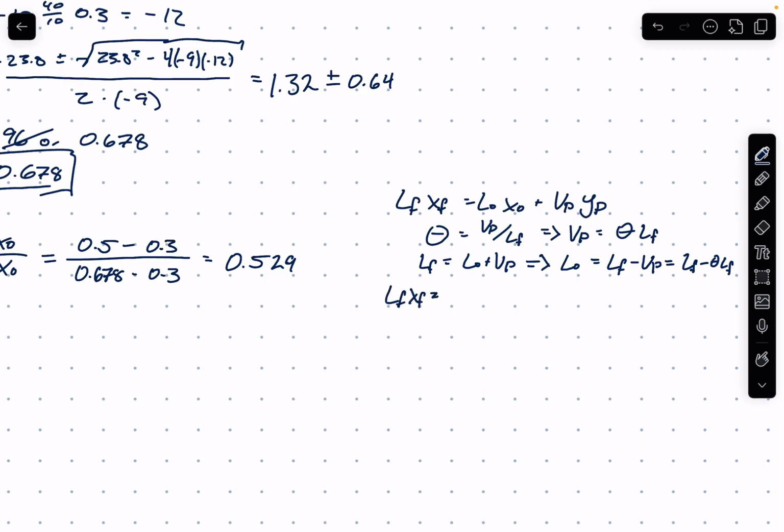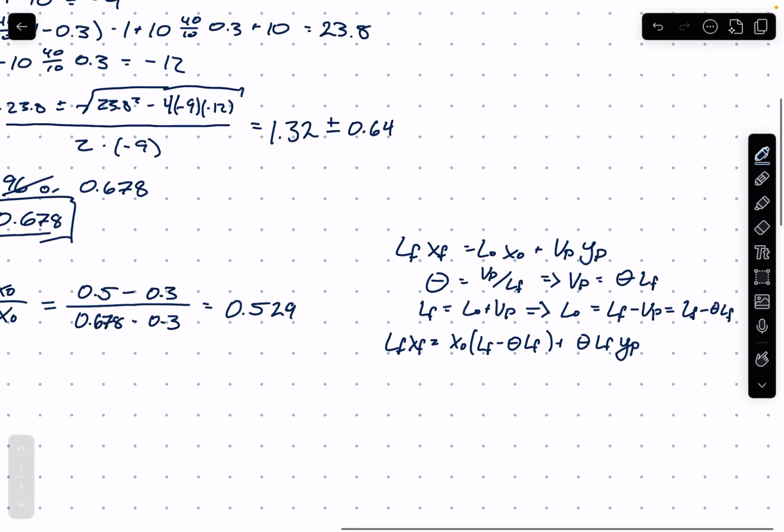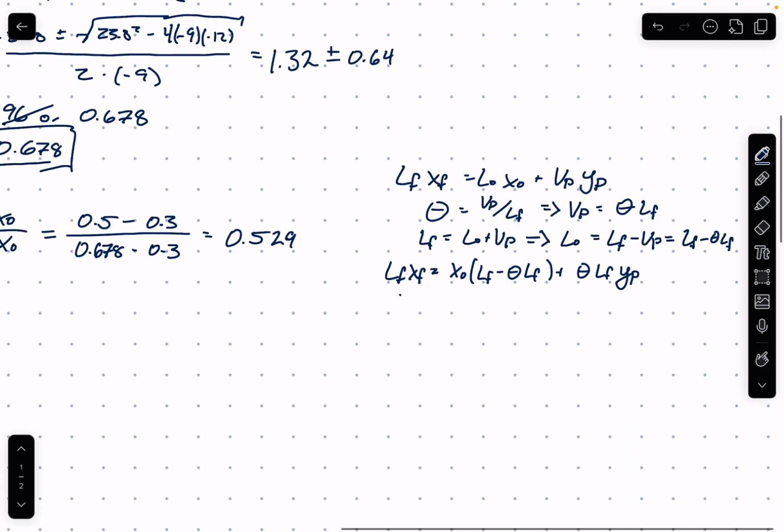We can plug all of this in to get that LF xF is equal to x naught times (LF minus theta LF) plus theta LF yP. We see we have a constant factor of LF on everything, and so we can cancel that out and get xF equals (1 minus theta) x naught plus theta yP.